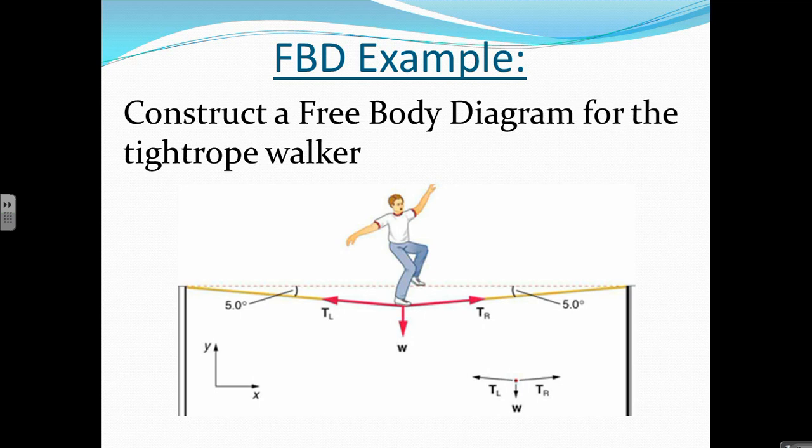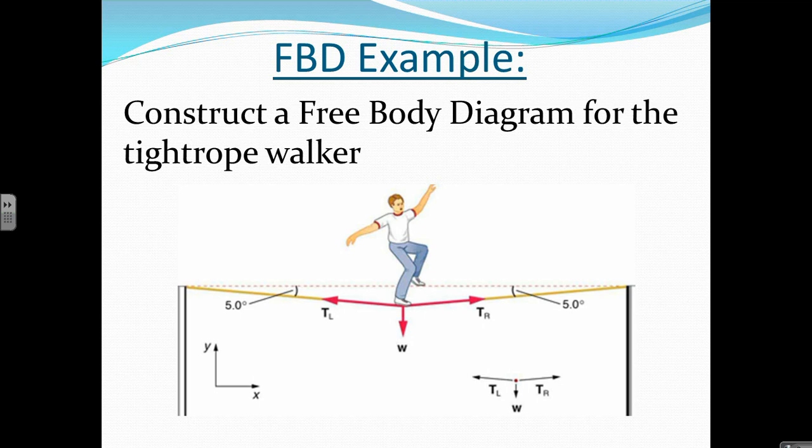To start this, we have to take a look at our two tensions, our tension to the left and our tension to the right. Those two tensions are not parallel and perpendicular with the weight. But we can take those two tensions, the leftward one and the rightward one, and find their vector components, one being parallel to the weight and one being perpendicular to the weight.